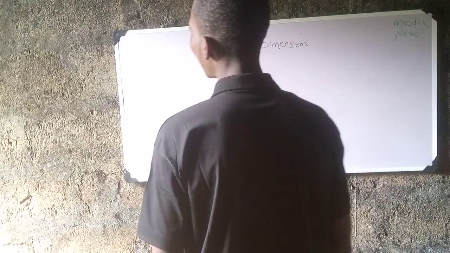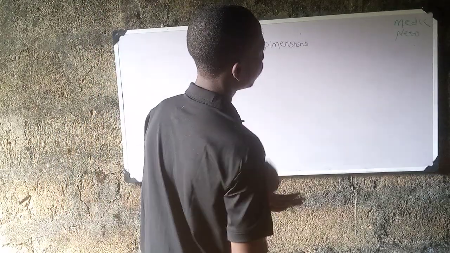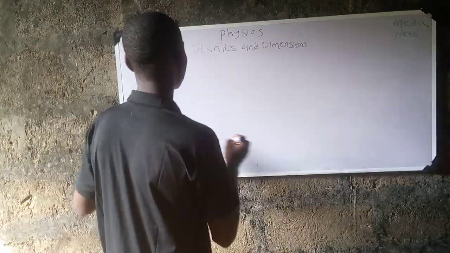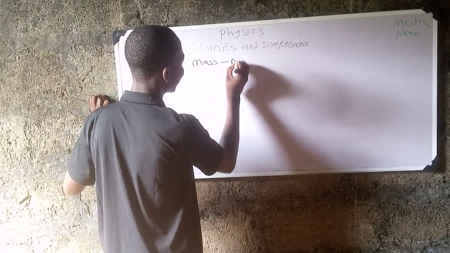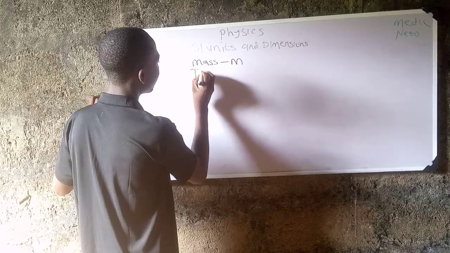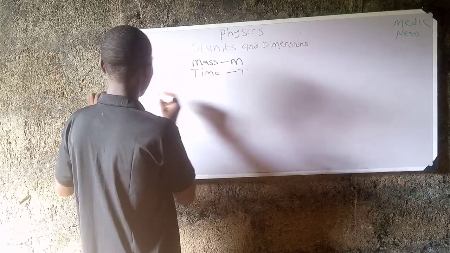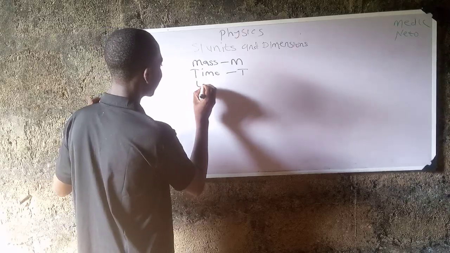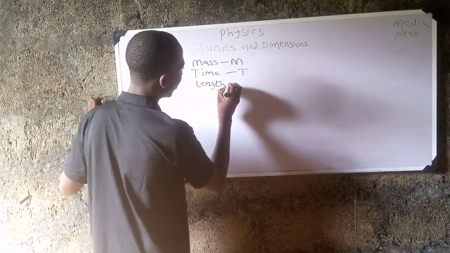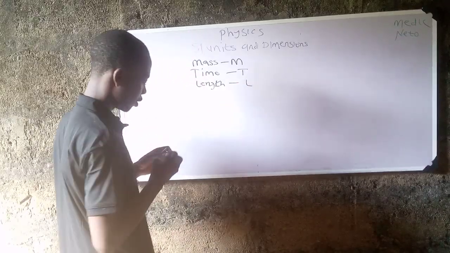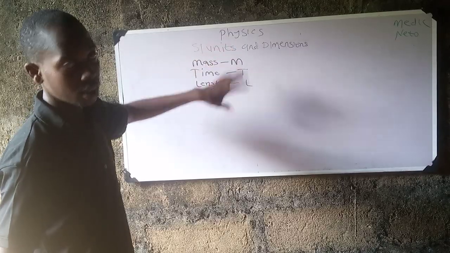And the three important fundamental quantities that we use to dimensionalize are mass, which we represent as M; time, which we represent as T; and length, which we represent as L. So you cannot use any other quantity apart from the three.